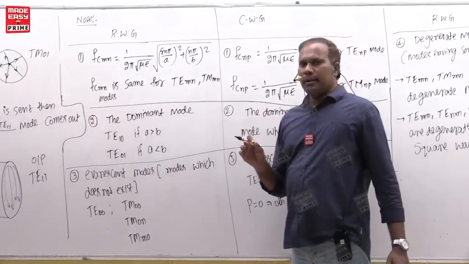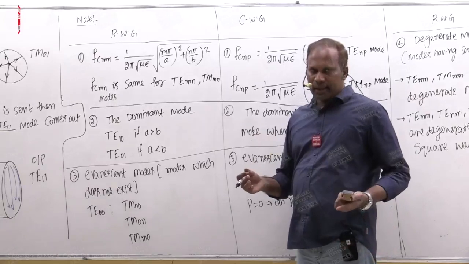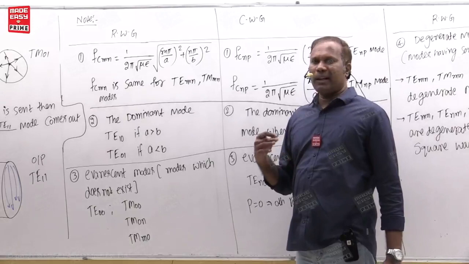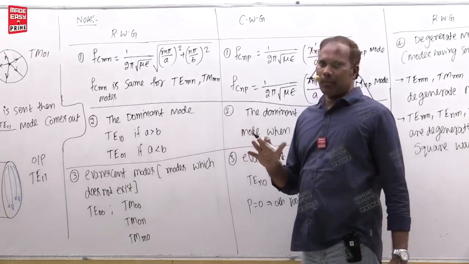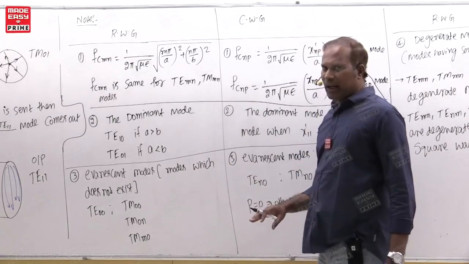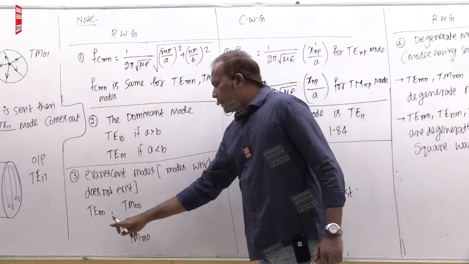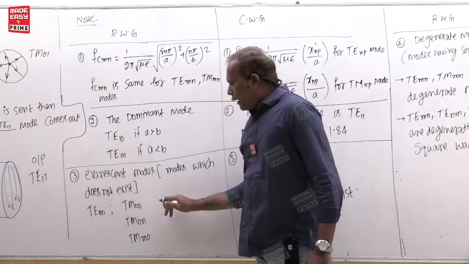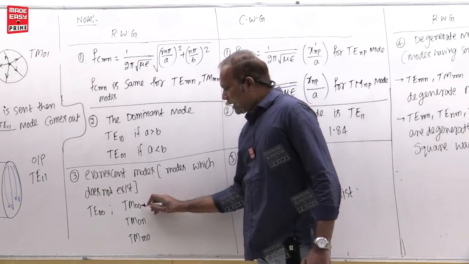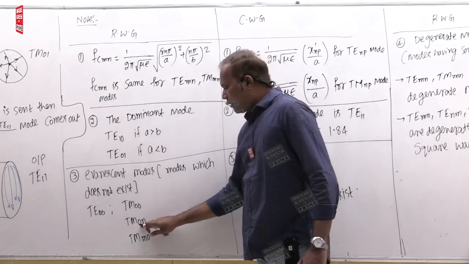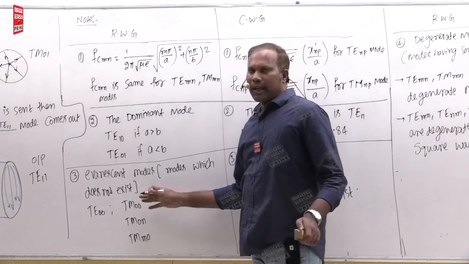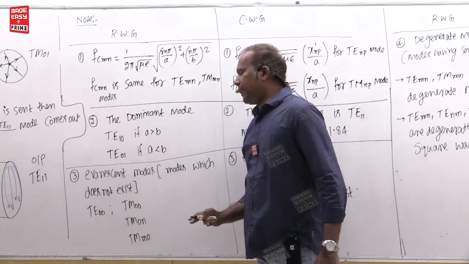Evanescent mode means the mode which does not exist, or otherwise, another way, the mode enters into the waveguide but because of attenuation immediately disappears. Both are called evanescent modes. Already we have discussed in rectangular waveguide TE00 and TM00, TM0n, TMm0, because here either m0 or n0, both 0, then power cannot be transferred. That is why these are the evanescent modes.